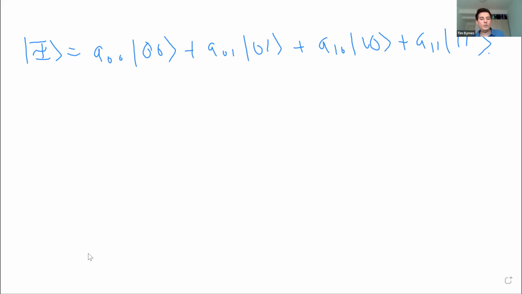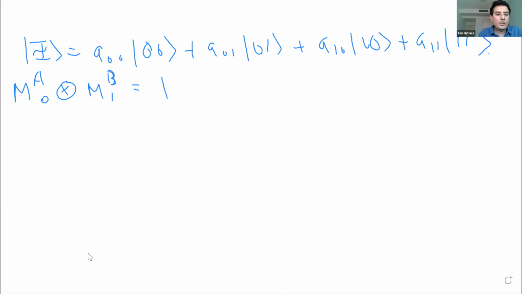And so when we do the measurement operator, suppose we are after this particular example of M_0^A, M_1^B.